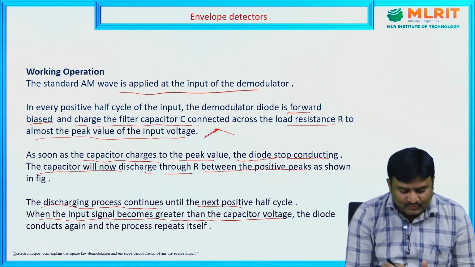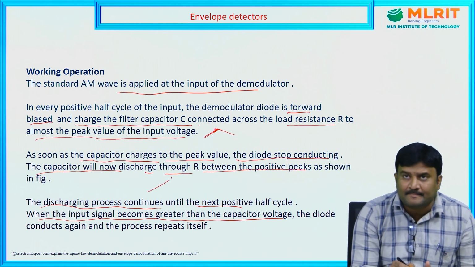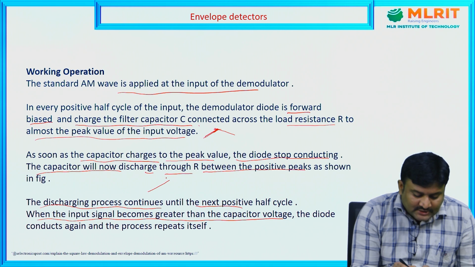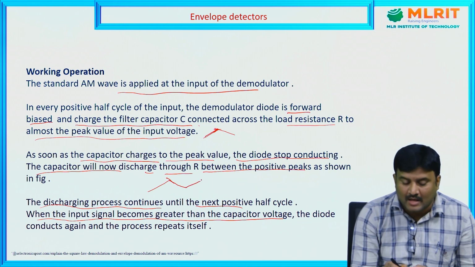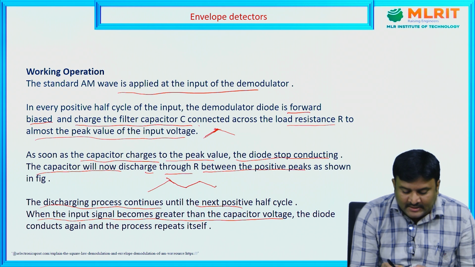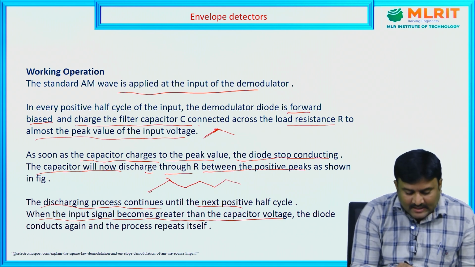Observe this: the charging happens in the positive half cycle, and when it reaches the maximum peak value, it discharges until the positive half cycle is present again, then charges and discharges again. This process is completely repeatable.